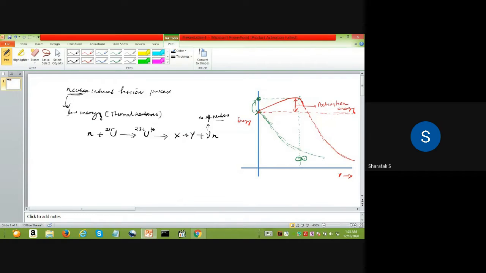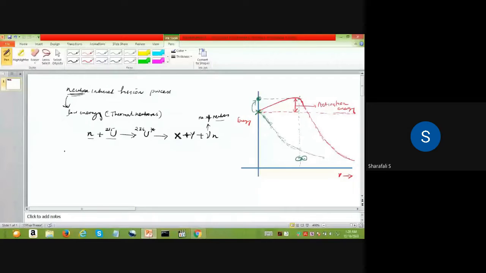Okay, so it will give you the products x and y plus some number of neutrons. This is the basic fission reaction which is going to happen to this uranium 235, which is absorbed by this thermal neutron, a low energy neutron.